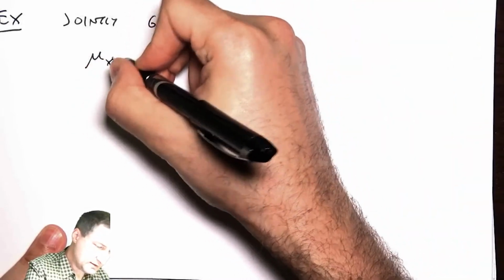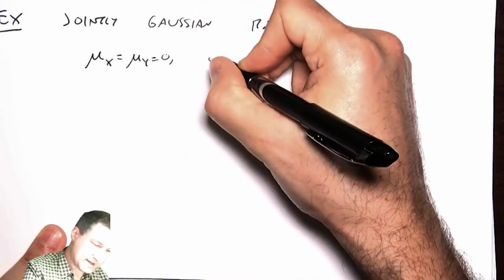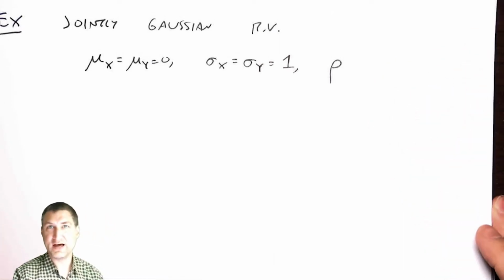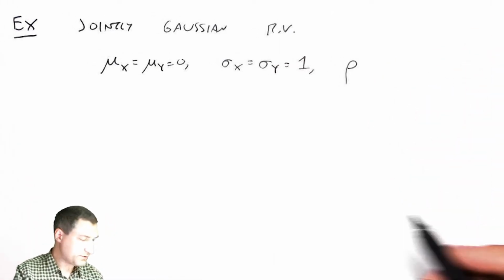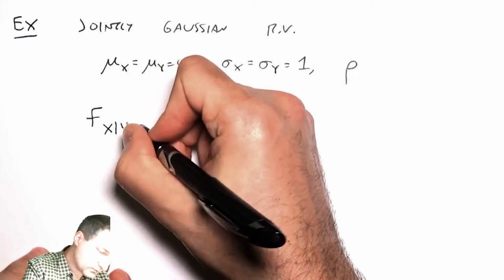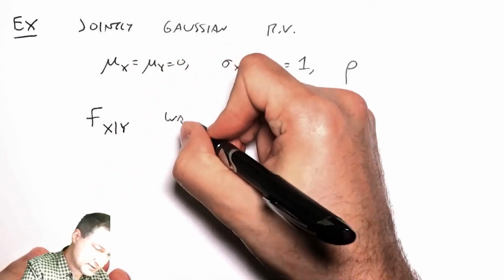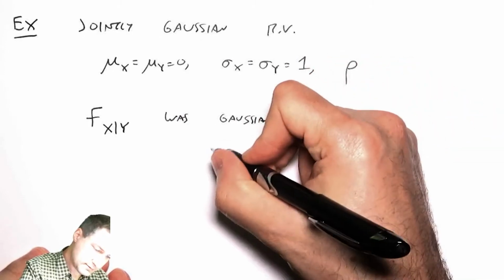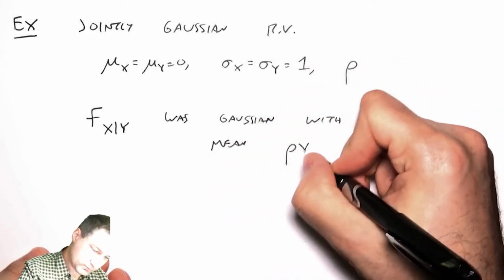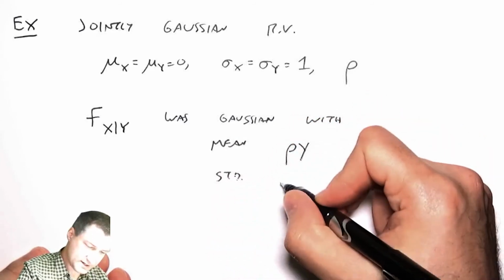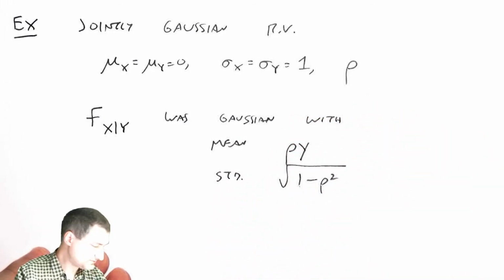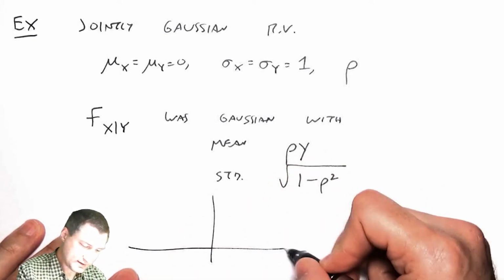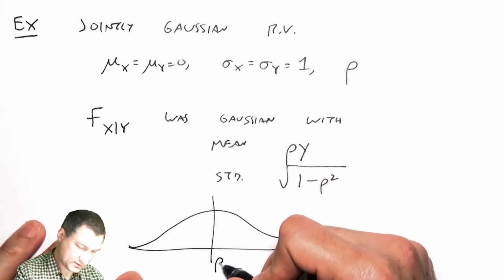If I have 0 means, standard deviations equal to 1, and some non-zero correlation coefficient rho, then what we found out was that f of x given y was Gaussian with mean rho y and some standard deviation. Okay, so we don't really care about the standard deviation. All I care about is that I've got a Gaussian, and the center of the Gaussian is at rho y.